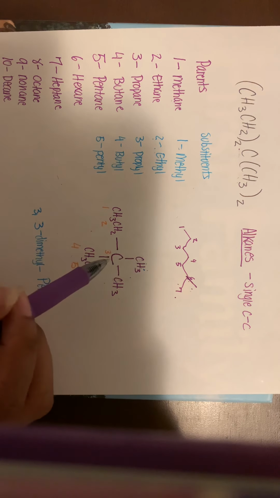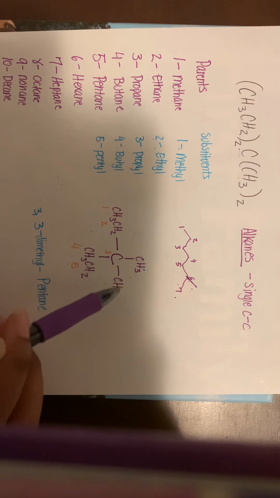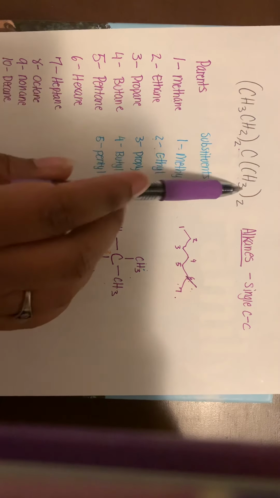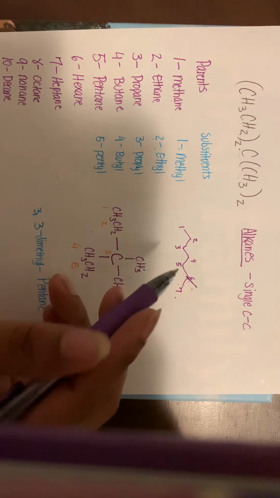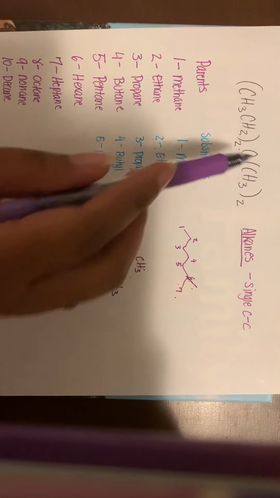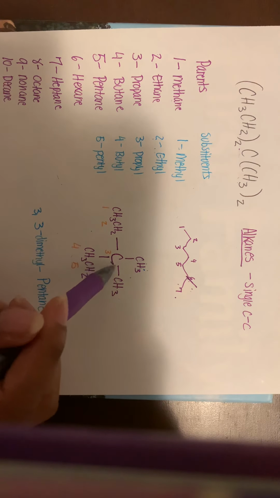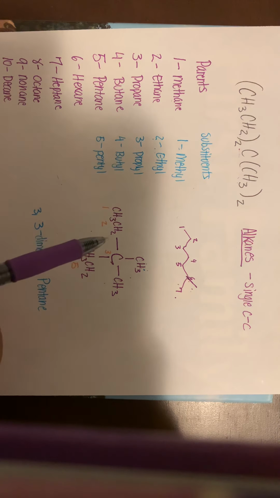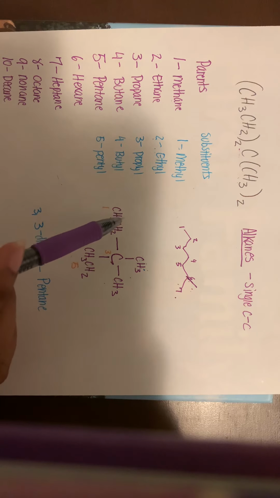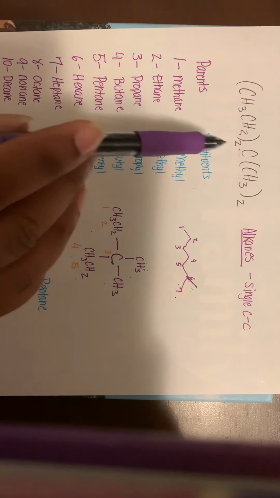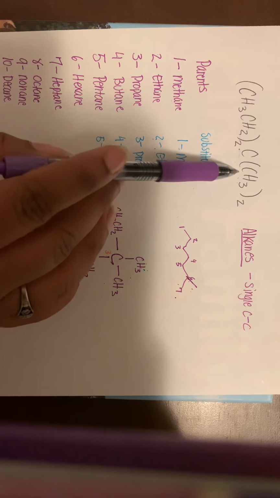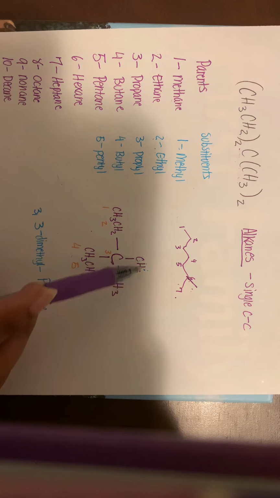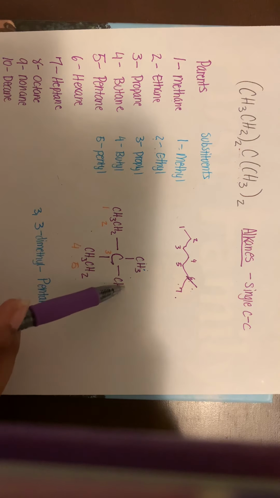It doesn't matter where you put the surrounding groups. This is the central carbon, and then you have this methyl group branching off of it. I put one right there and the other one right there, and then 2 methyl groups branching off, so I just put those 2 right there.